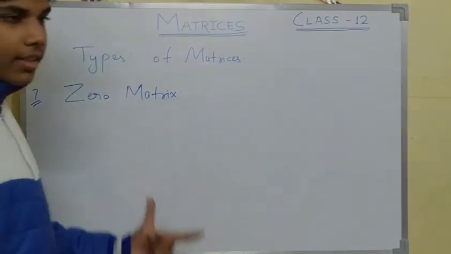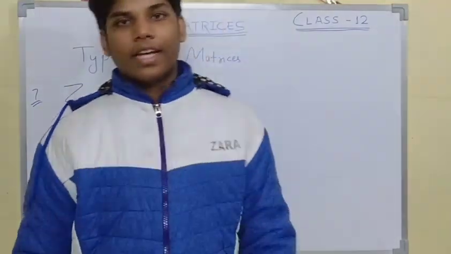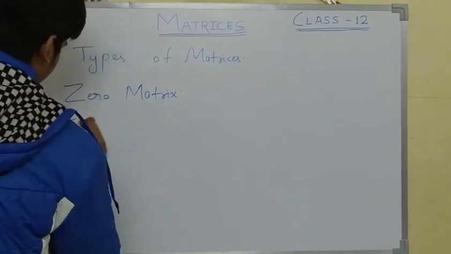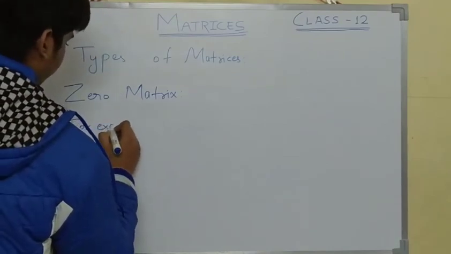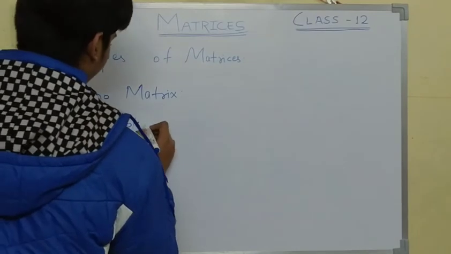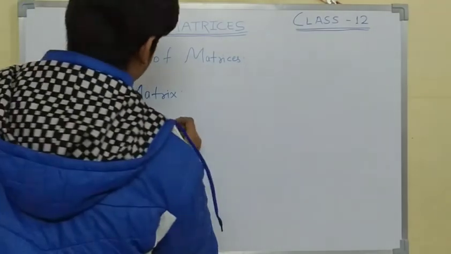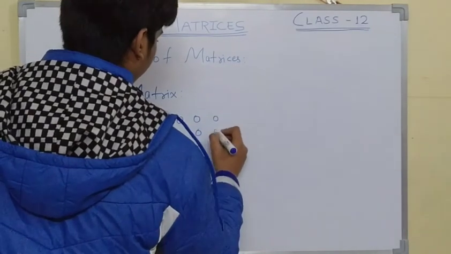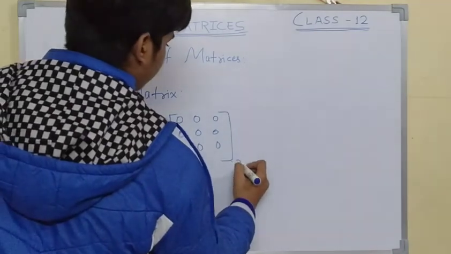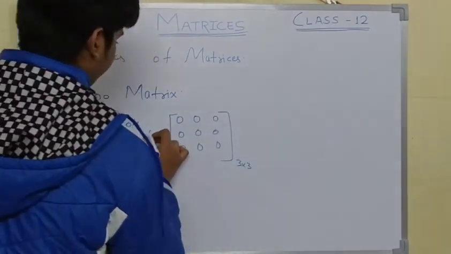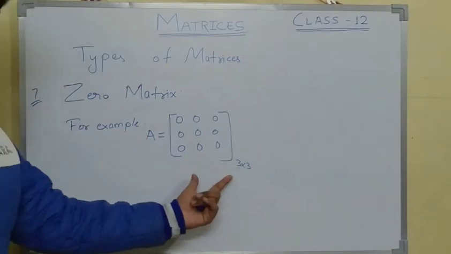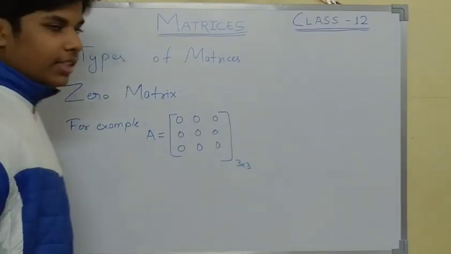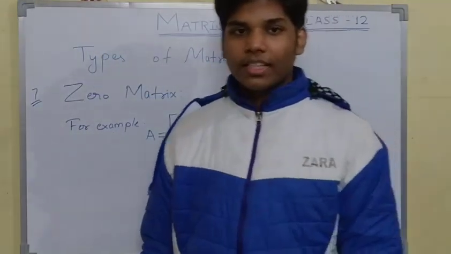For example, if we take a matrix of any order and we fill only 0, then this is a zero matrix, because all the elements present are 0. So these were the types of matrices. These were the 7 types of matrices that I told.